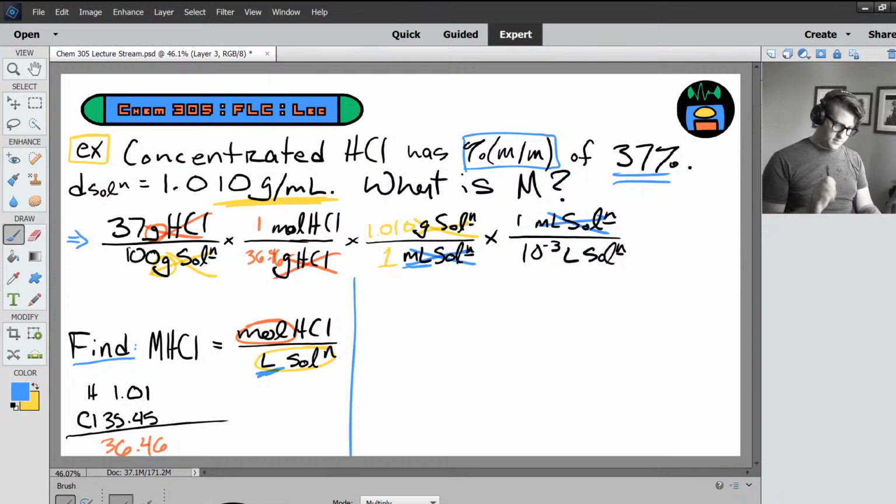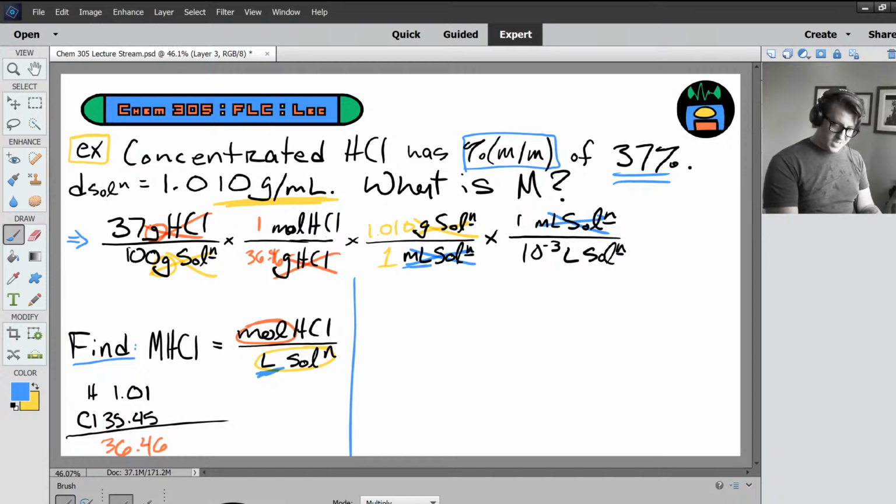Wait, hang on. 37 divided by 100 divided by 36.46 times 1.010. There we go. Divided by 10 to the negative third.